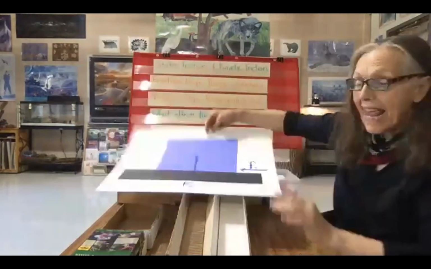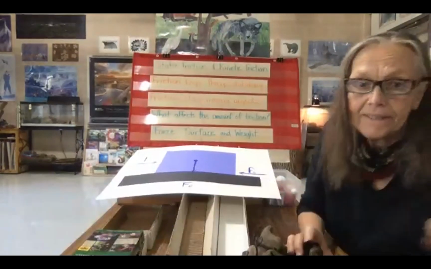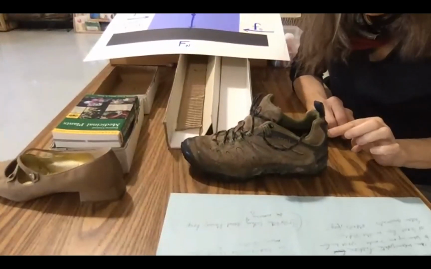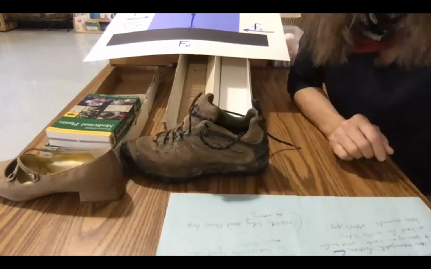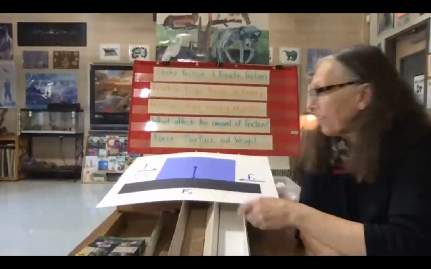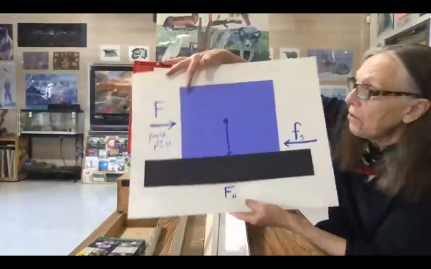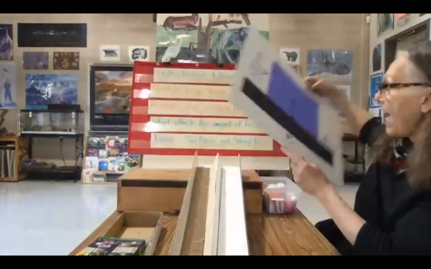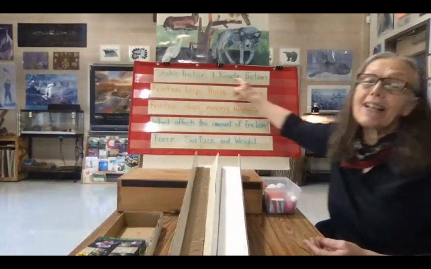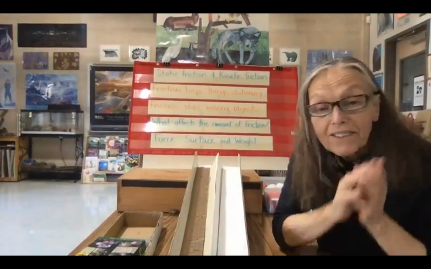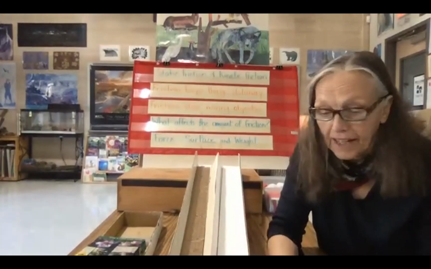If I have something heavy, like my boot here, if I just push on it a little bit, it won't move. I have to push harder and then it starts. Now it has kinetic friction. Once this force gets bigger than this force, then it starts moving. And then we're talking about kinetic friction, which means the friction is operating once something is moving.